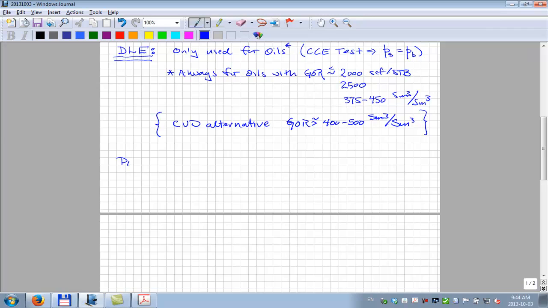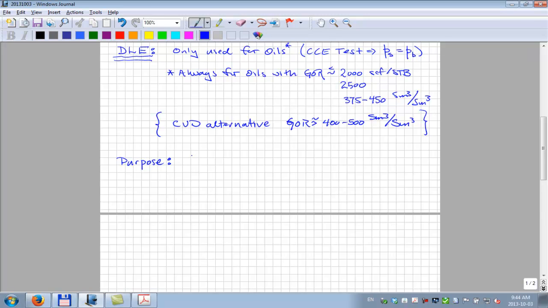So what is the purpose of this experiment? Why are we doing this experiment? The purpose of the experiment is mainly to get properties of the oil and gas phases as a function of pressure at reservoir temperature.